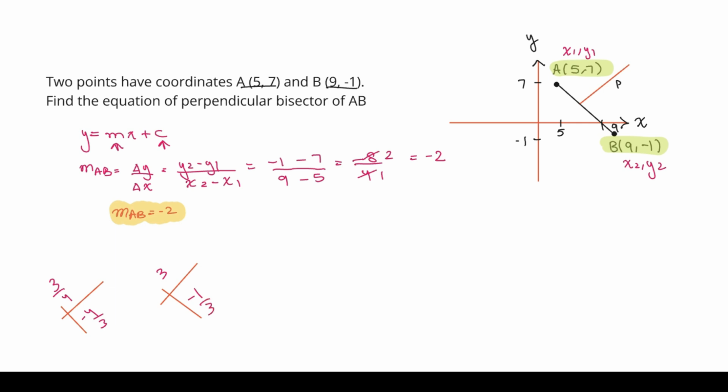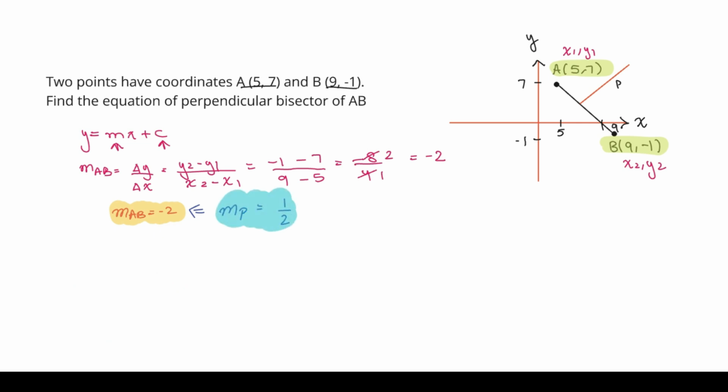So you can clearly see that perpendicular lines have gradient that are negative reciprocal of each other. So if the gradient of line segment AB is -2, then the gradient of line P would be 1/2.